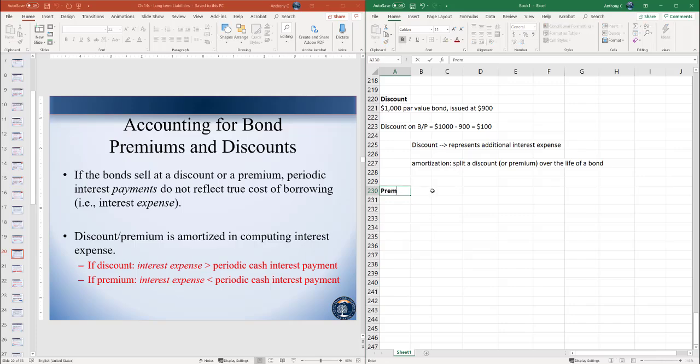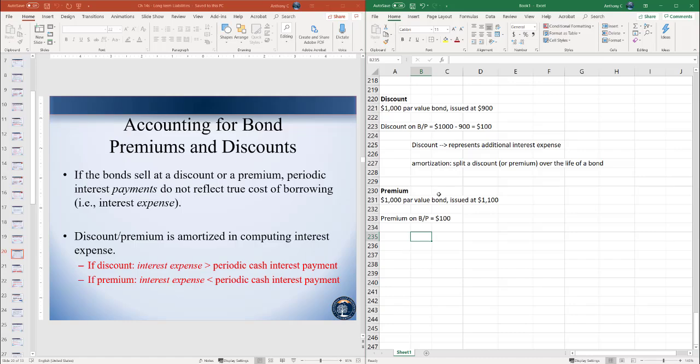Now, let's flip that around so you can understand what exactly a premium represents. So let's say we have that same $1,000 par value bond, but now it's issued at $1,100. So now our premium on the bonds payable is the difference between the par and the issue price, $100 again.